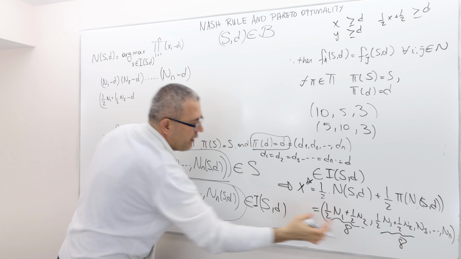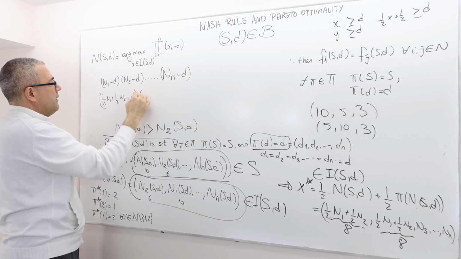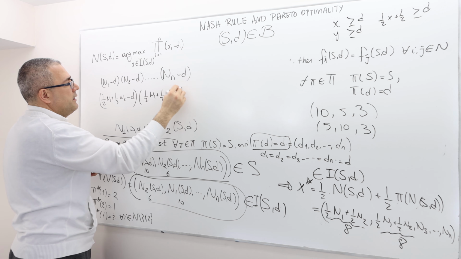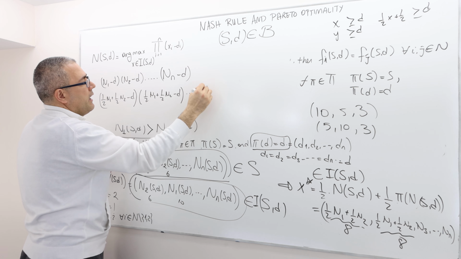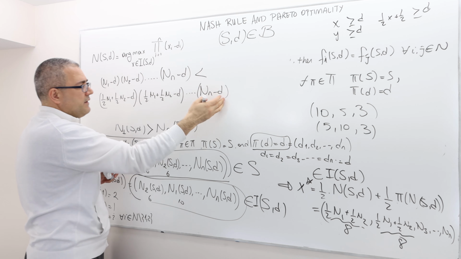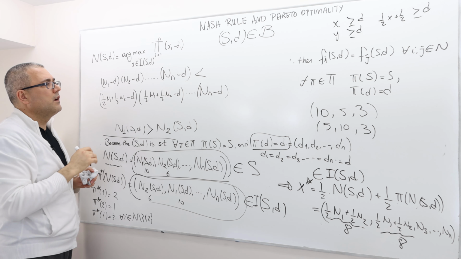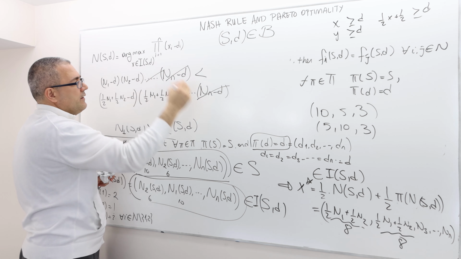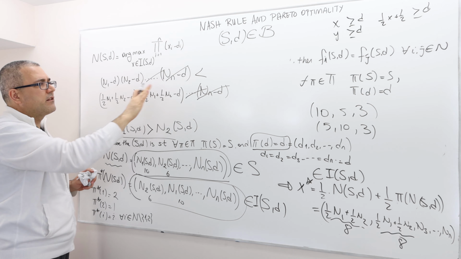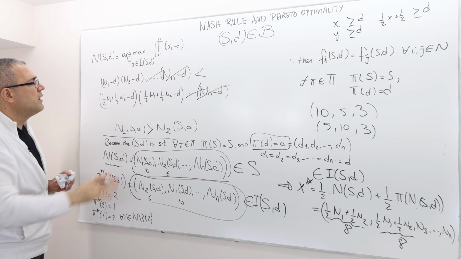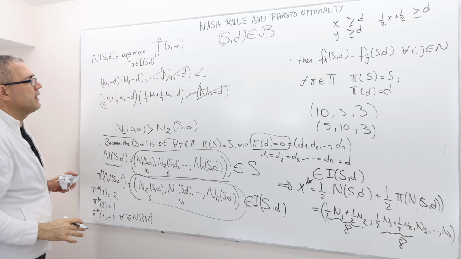This is the first payoff, times 1/2 n1 plus 1/2 n2 minus d times nn minus d. Okay, so which one is bigger? My claim is that this is bigger than this one. Okay, well, first thing first, all these guys will cancel out, right? n3, n4, n5, there's no difference. So they're going to all cancel out. So all it matters is these two guys.